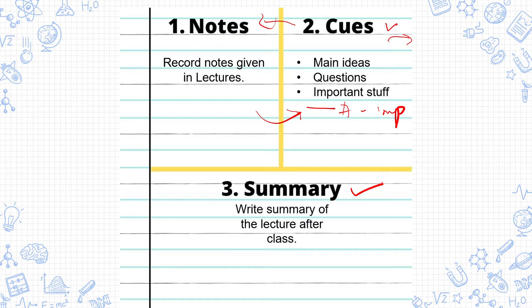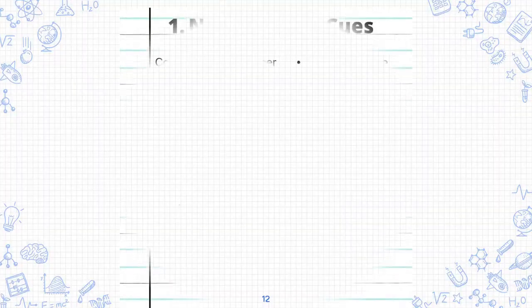That's totally up to you. In summary, you just take both these things, go through them, overview them, and then you write a summary in a few lines. Here's how you do it basically.